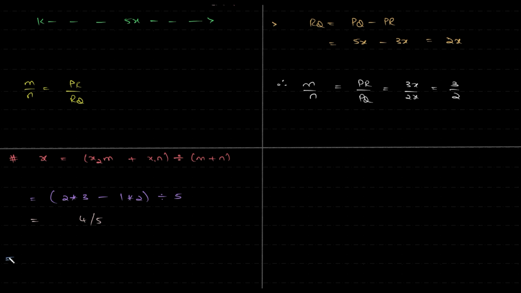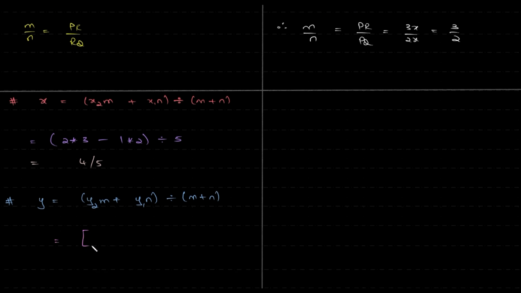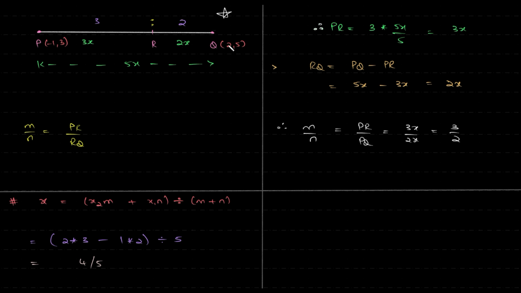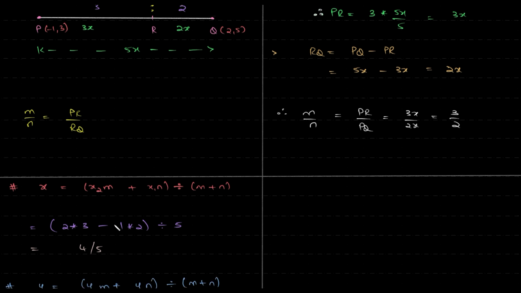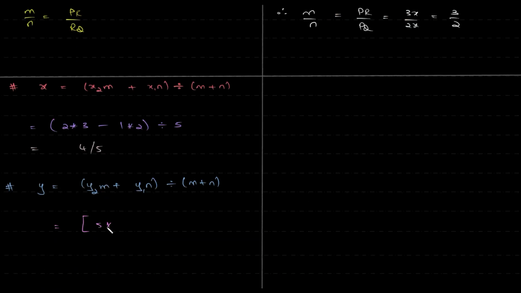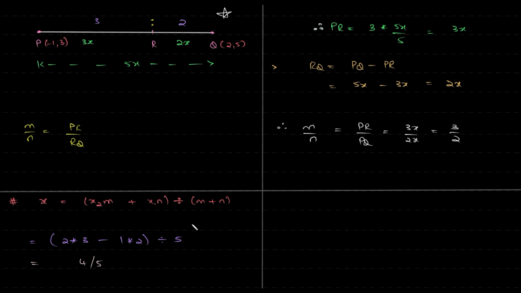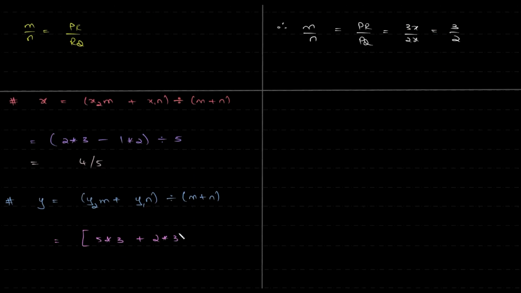And then we have y. So y is equal to y2m plus y1n divided by m plus n. So 5 into 3 plus 2 into 3, divided by 5.